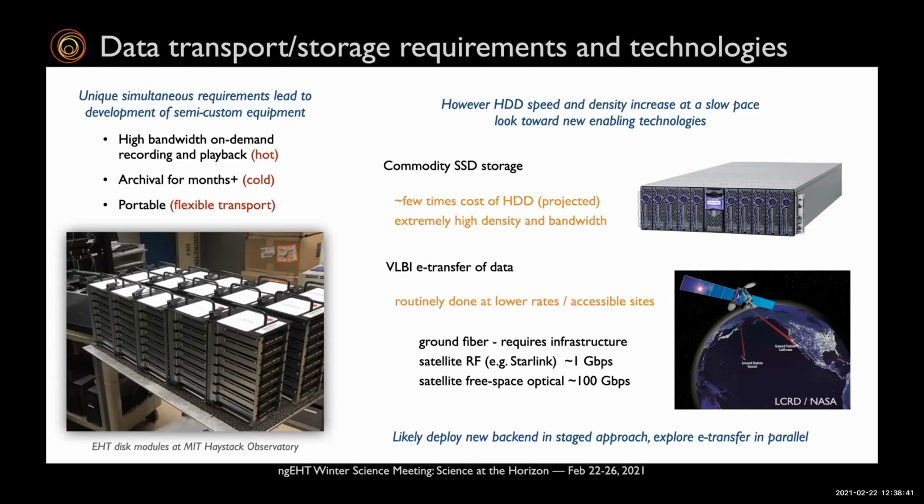So we rely on the commercial development of these systems, and we use them as they become available. Looking at how it would be deployed, all of this data recording and transport pathway is probably deployed in a staged approach, and we explore e-transfer in parallel as it becomes practical.